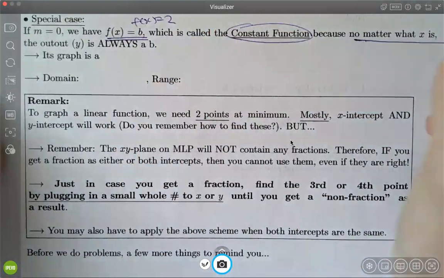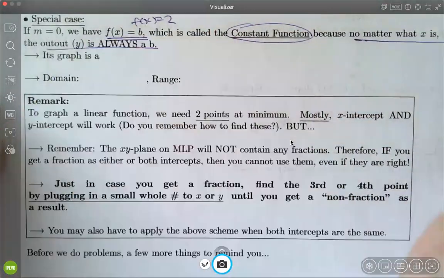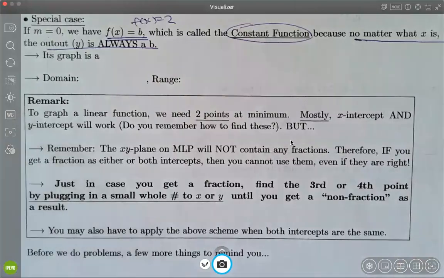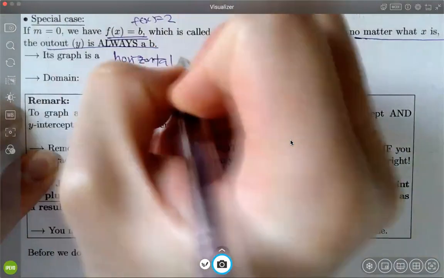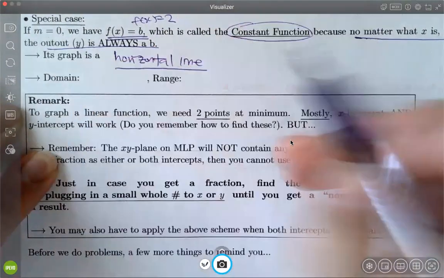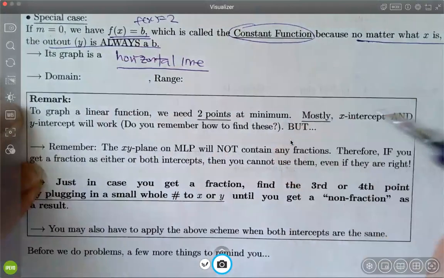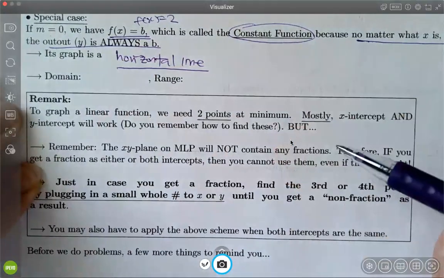No matter what x is, the output y is always b. Now, how does its graph look? It's a horizontal line. You can take a guess from the word constant, because constant means something that doesn't change, so it has to be a flat line.